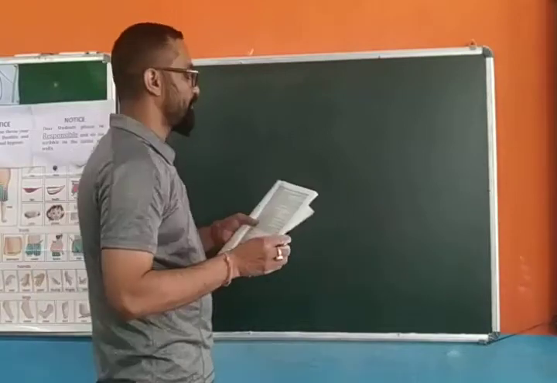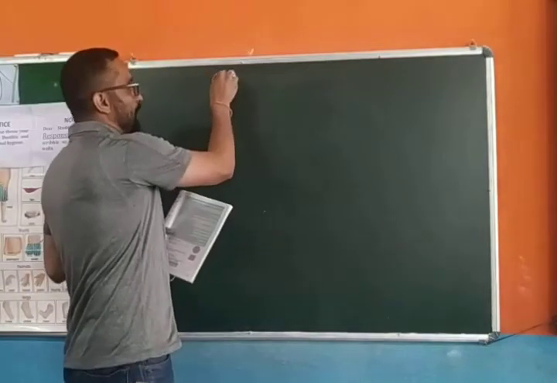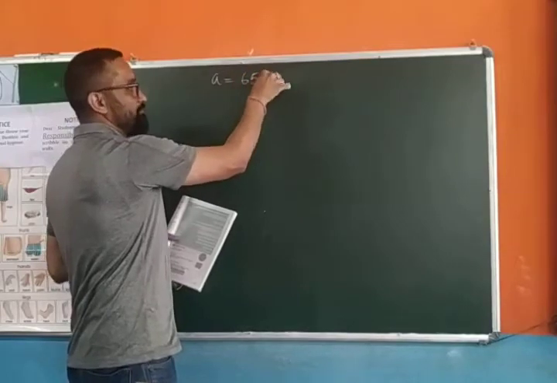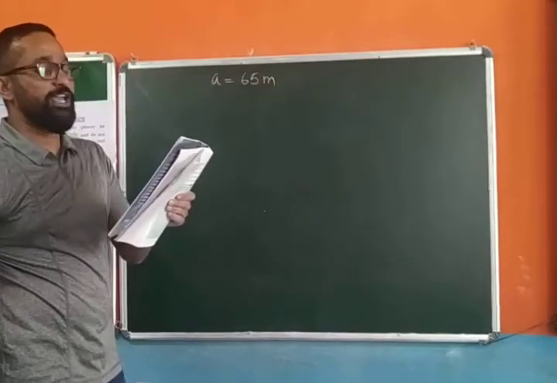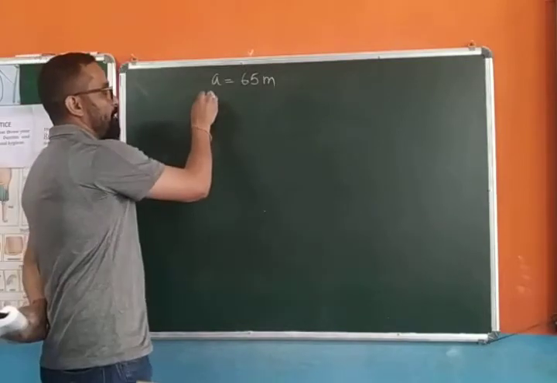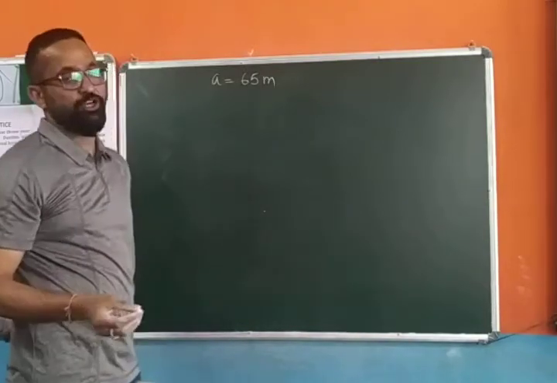Find the cost of fencing the plot at the rate of 32 rupees per meter. So each side I'll change to say 65 meter, and the rate of fencing we'll use later on.